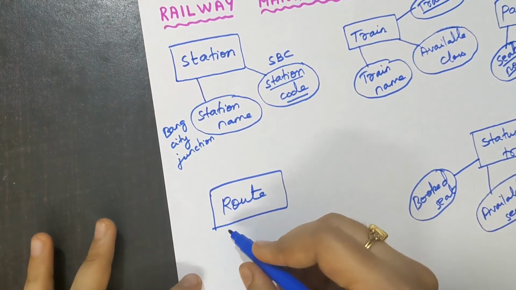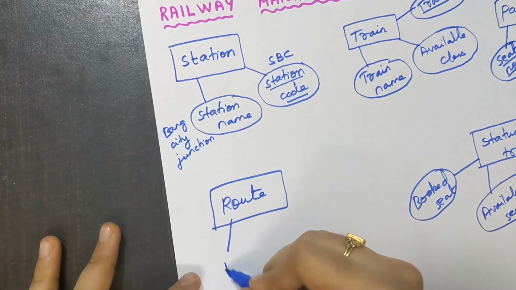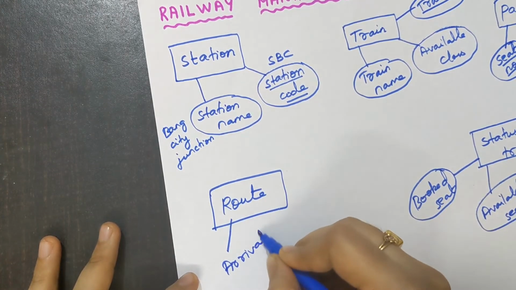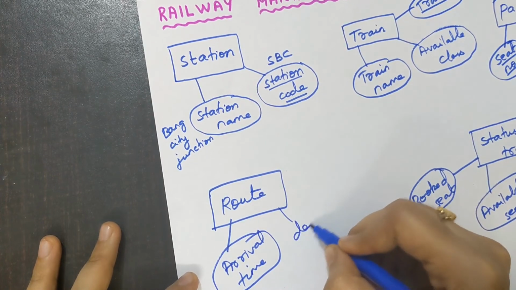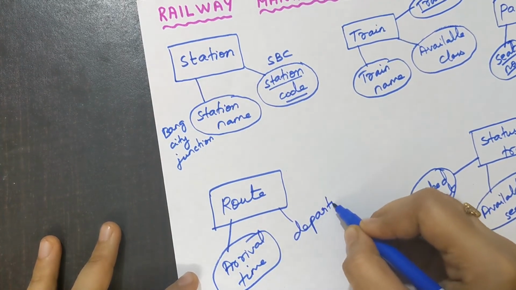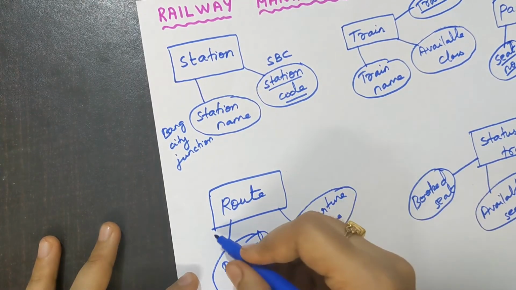Next, route. What are the attributes for route? Arrival time, departure time, station name.